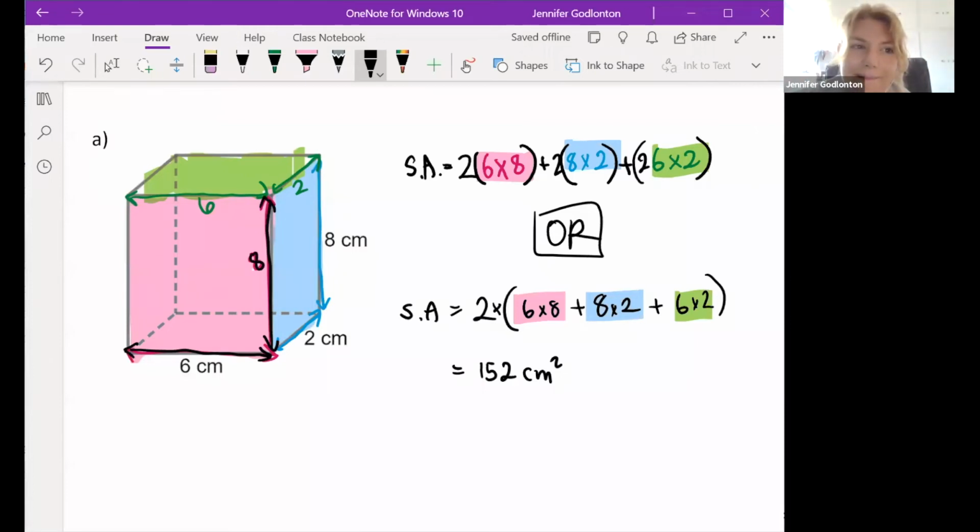Okay. Why is there a third 2 in the bracket? That 2 is just part of these 2's. It's not part of like a big 2.